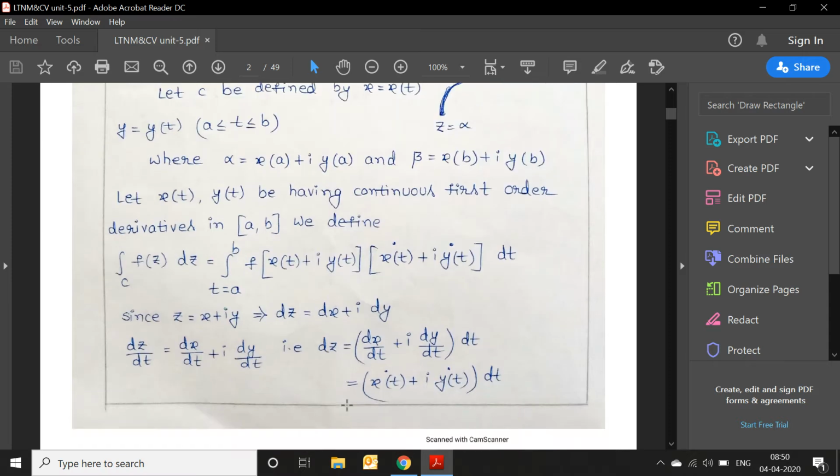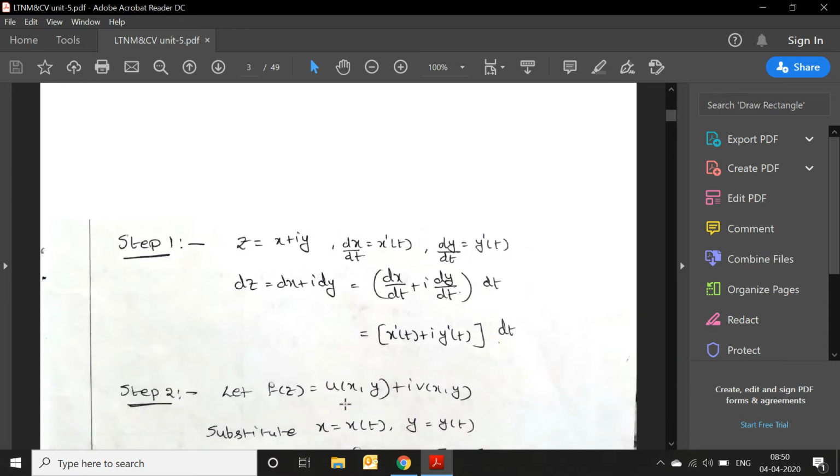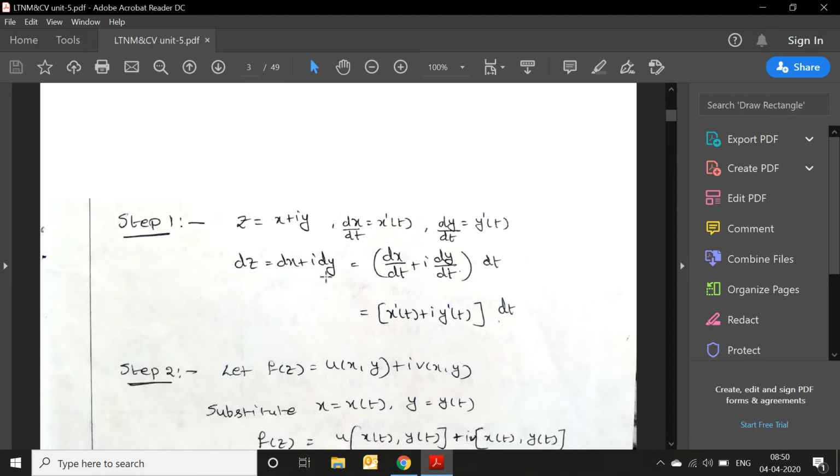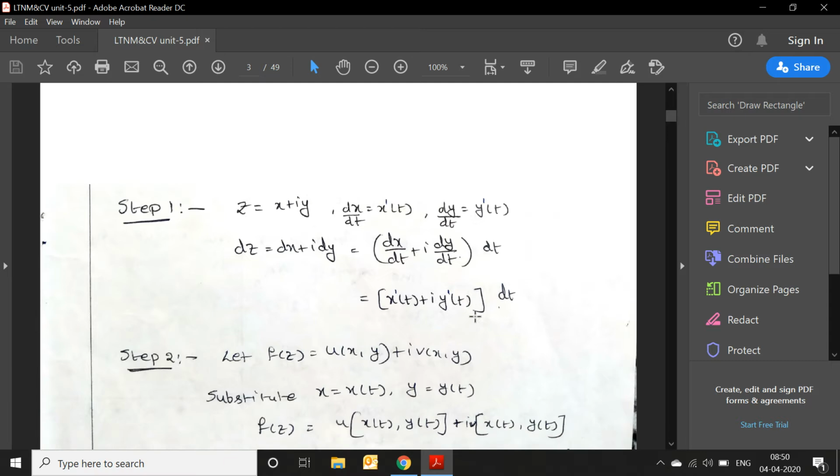So the steps involved in the line integral: the first step is you have to take z is equal to x plus iy, dx by dt is equal to x dash of t, dy by dt is equal to y dash of t. And we know that dz is equal to dx plus i dy, and dividing and multiplying with dt we get dx by dt plus i dy by dt into dt. Then dx by dt is x dash of t, dy by dt is y dash of t.